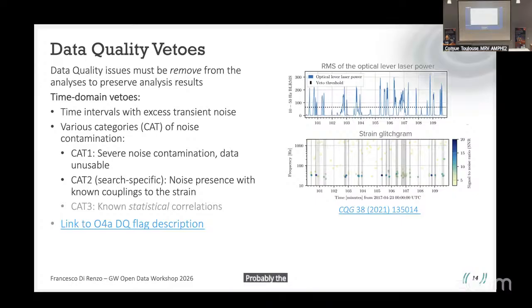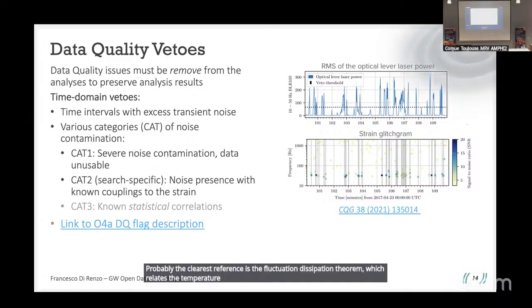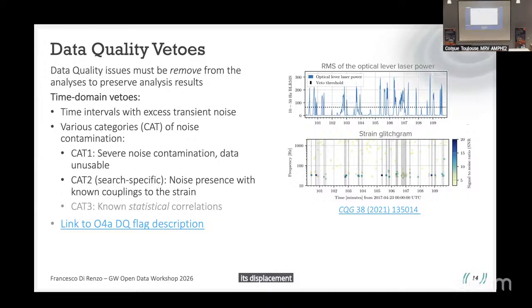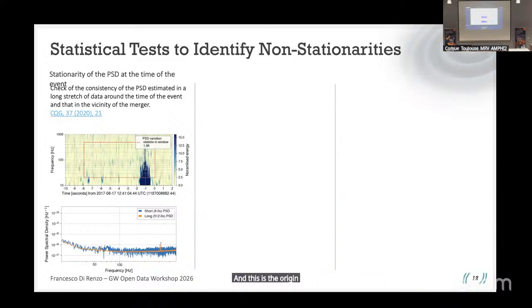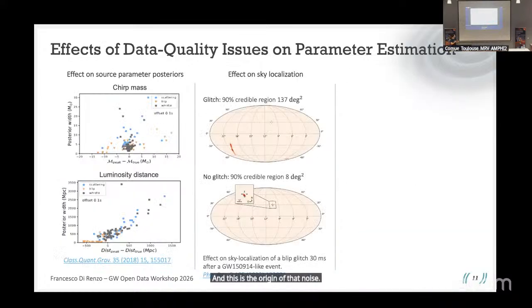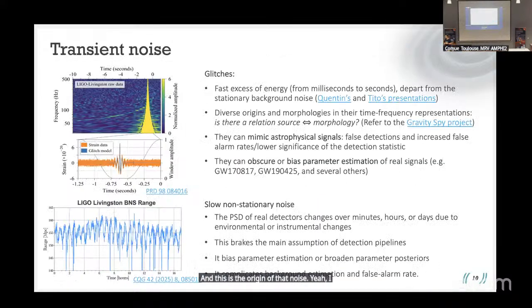The clearest reference is the fluctuation dissipation theorem, which relates the temperature of an object to its displacement. If the molecules of this coating move, then you cannot precisely locate where the reflecting surface is. And this is the origin of that noise. I don't know if this is sufficient.